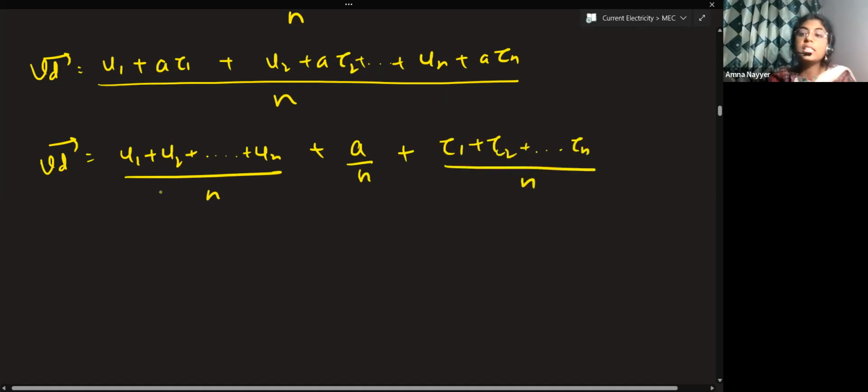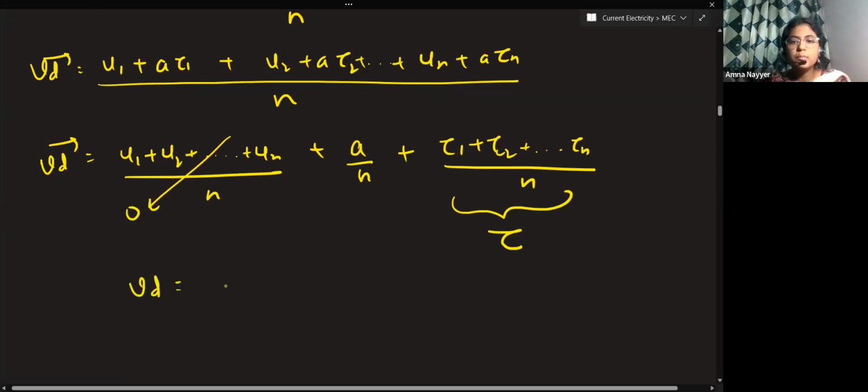So this is what? This is the average initial velocity, which is equal to 0. And this whole is what? This is the average relaxation time. So let's represent it through tau only. Vd becomes A tau.